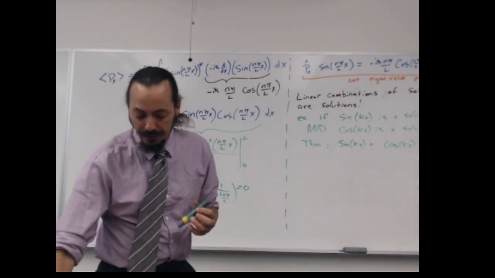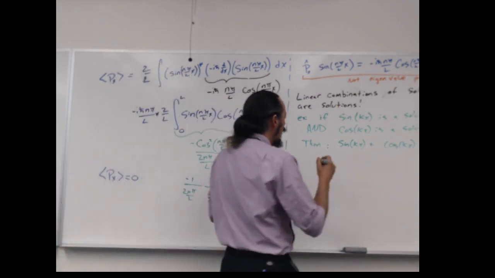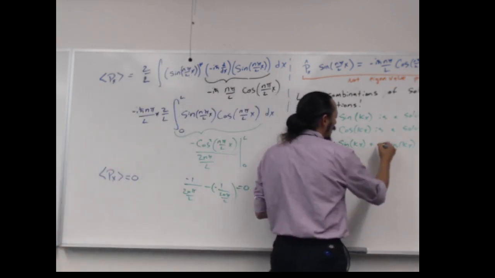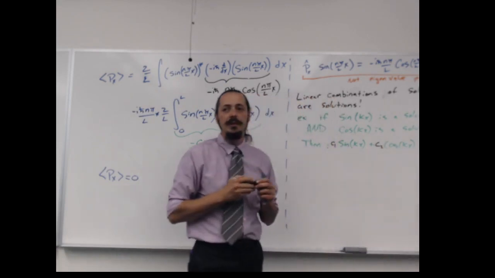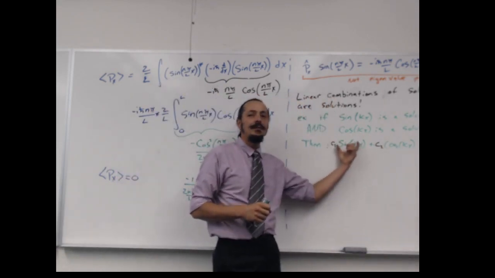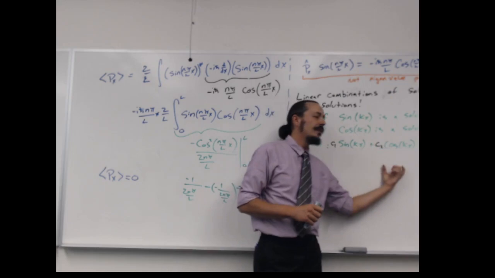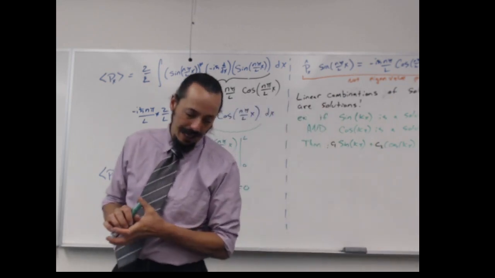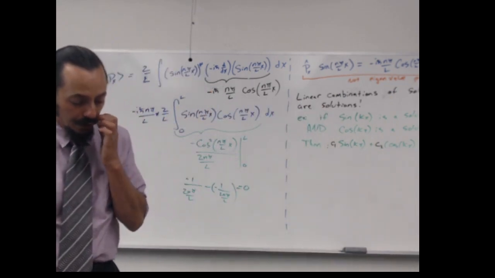To give ourselves different proportions, we might put a coefficient 1 and a coefficient 2 in front, to say I've got this sine function behaving more in my answer, and this cosine function behaving more in my answer.